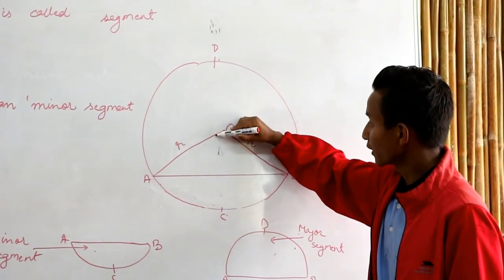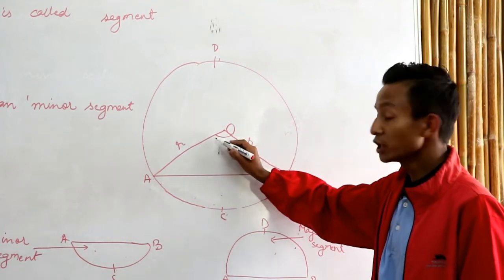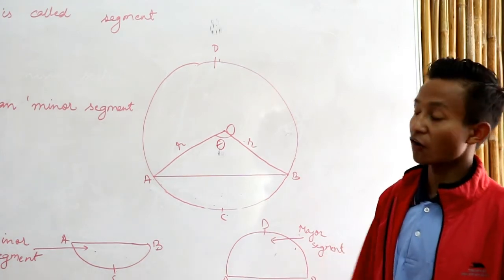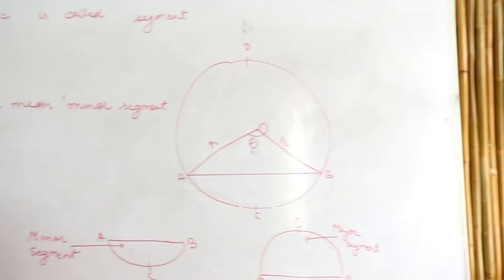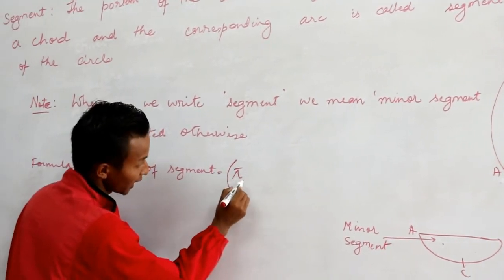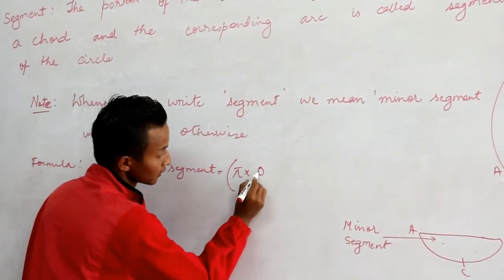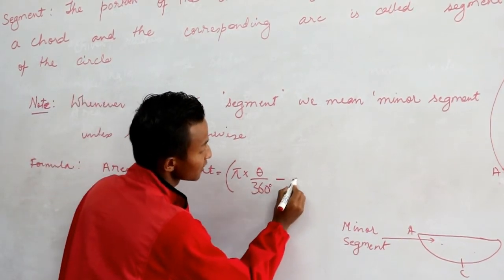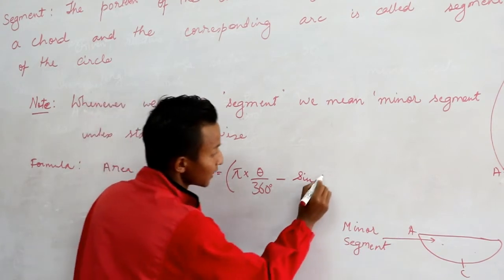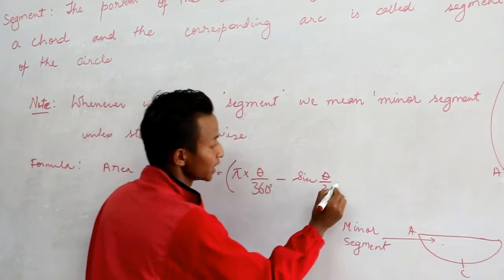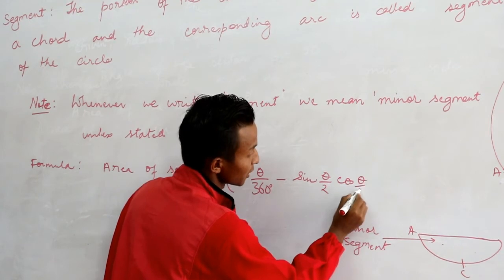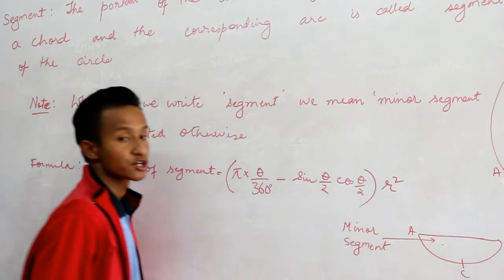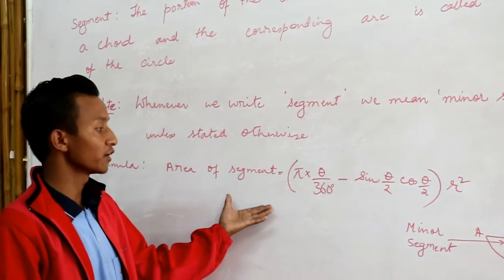And we have an angle here, so we denote this angle as theta. So the area of a segment is given by pi into theta by 360 degree minus sine theta by 2 into cos theta by 2, closing bracket, into r square. This is the area of a segment.